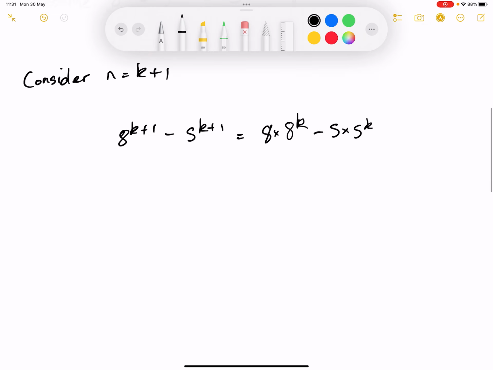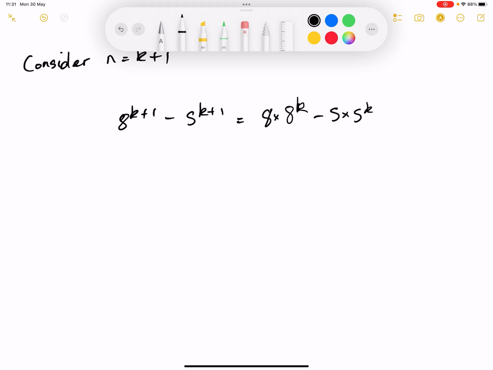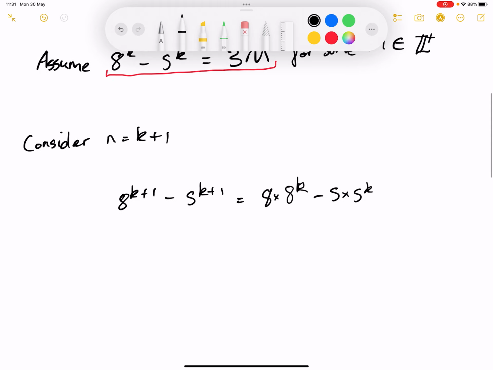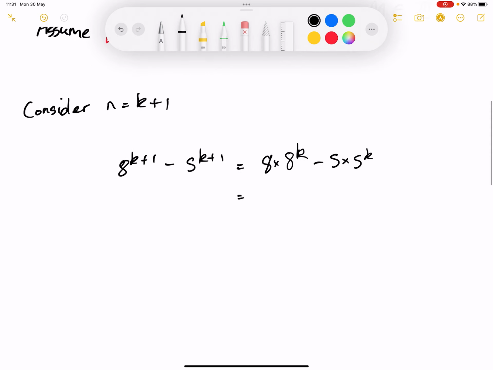And I think some of you will be able to spot where we can take this out. So we have 5 total of the expression that we want to bring in. So we have 5 of 8 to the k minus 5 to the k.